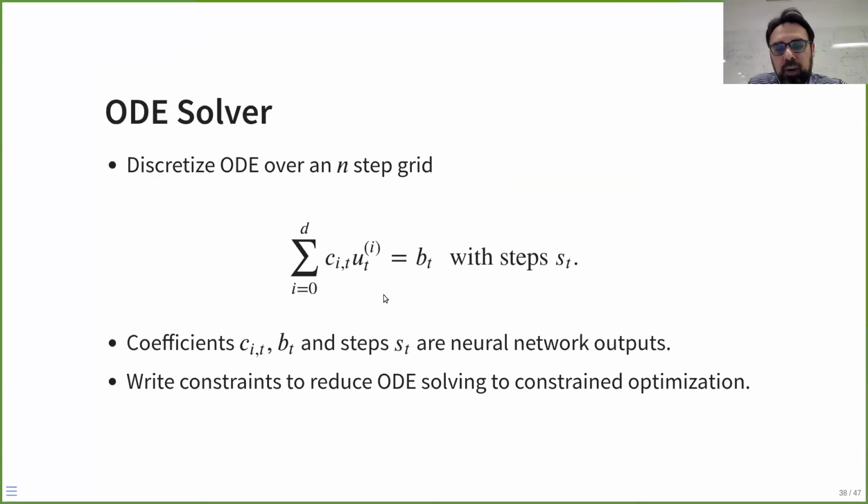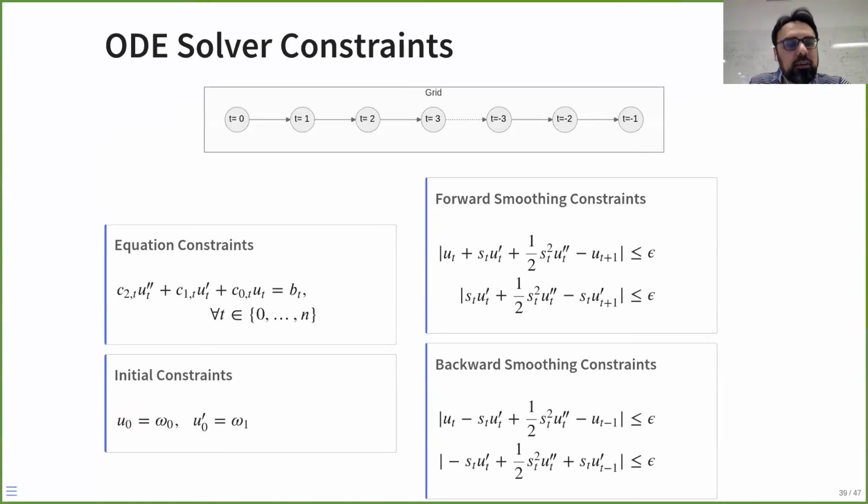So what we do is that we write a constraint optimization program, and we write the constraints, and then we solve the constraints. Basically, what that means is that we have a grid, let's say n steps. We have constraints for specifying the equation. We have constraints for specifying the initial conditions. And then because our data is going to be output by neural networks, we want to impose some sort of smoothness.